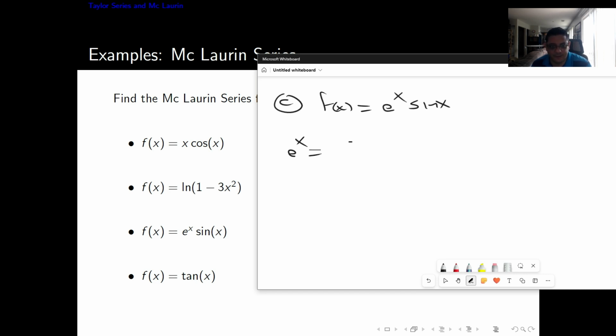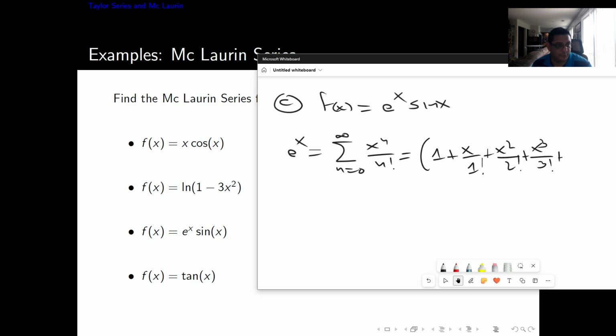E to the x is a series from n equals 0 to infinity of x to the n over n factorial, and this is just going to be a particular set of values that we can use. So for example, this is just going to be 1 plus x over 1 factorial plus x squared over 2 factorial plus x to the 3 over 3 factorial plus and so on.